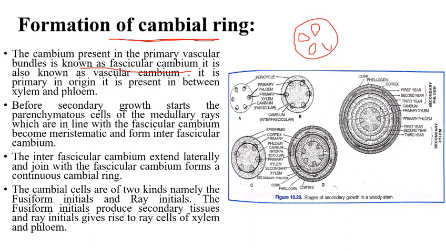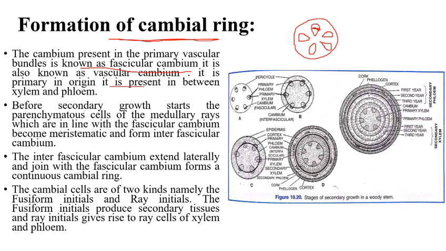Xylem and phloem are present together in the dicot stem, so it is known as conjoint type of vascular bundle. Between this xylem and phloem, a cambium is present. From that cambium, the secondary growth will occur. So this cambium is known as fascicular cambium or vascular cambium. It is primary in origin. It is present between xylem and phloem during their primary growth.